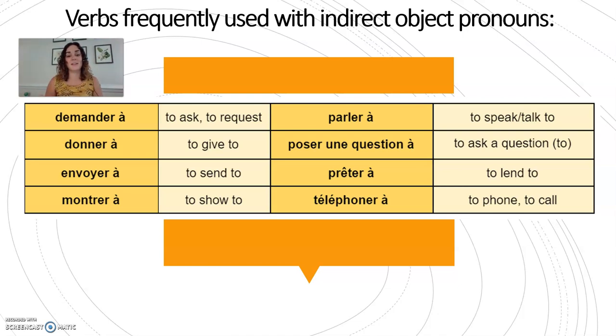Téléphoner à. These are just verbs that usually take an indirect object, aka somebody receives this action. It's for or to someone, like I speak to somebody, I lend to someone, I send a message to someone. In French, these take indirect object pronouns. The à helps us notice that.